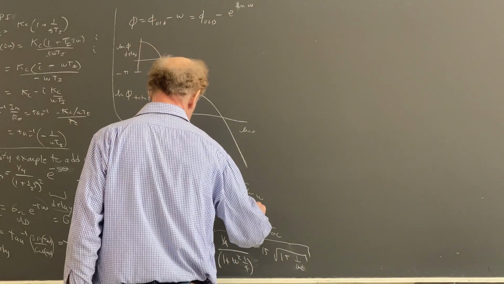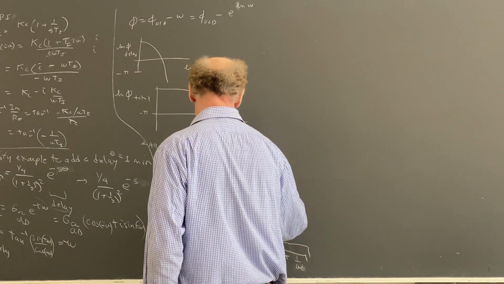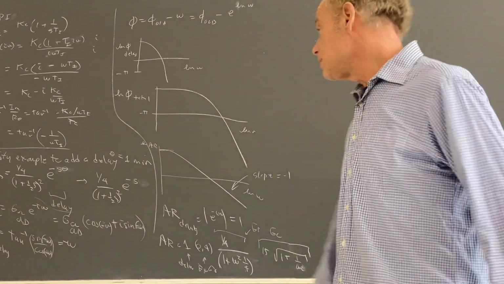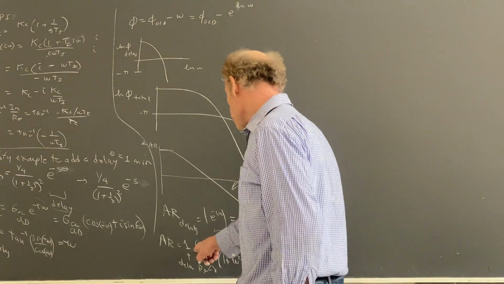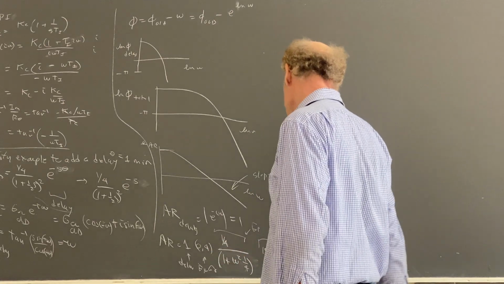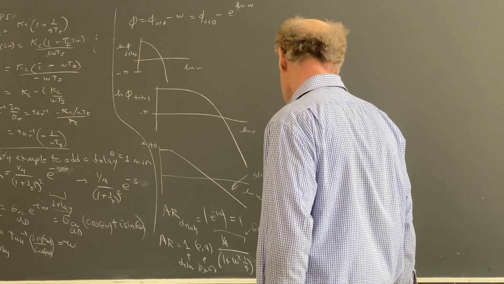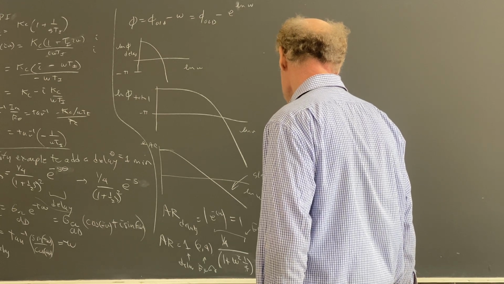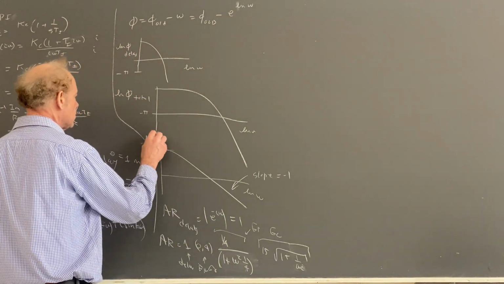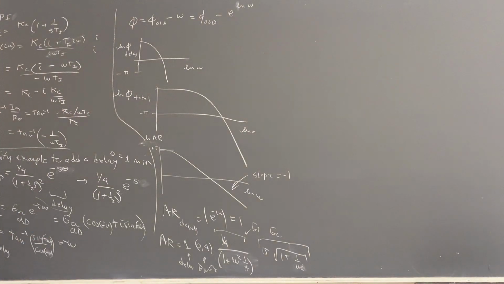So it comes off as a straight line with slope minus 1. And I can calculate the intercept. The intercept is 0.1 times 15, which is 1.5. When omega is 0, it's just 1.5, and then it starts going down with slope minus 1.